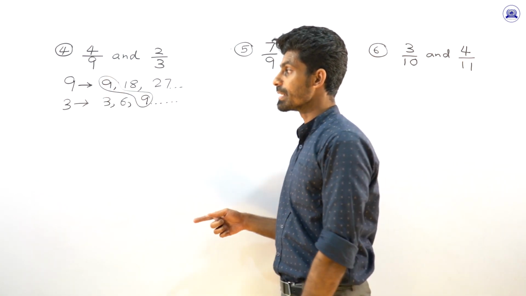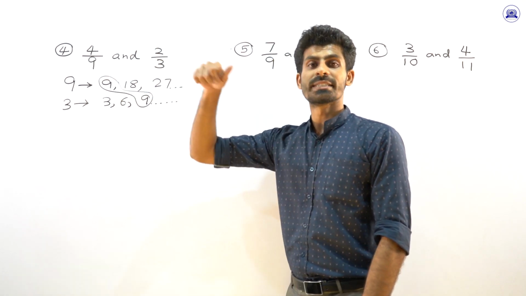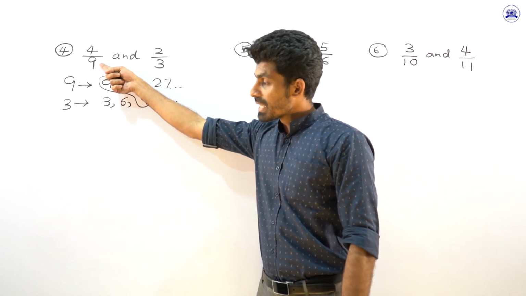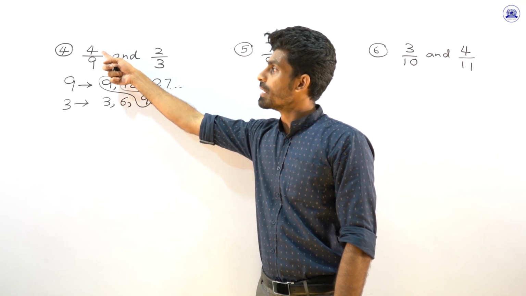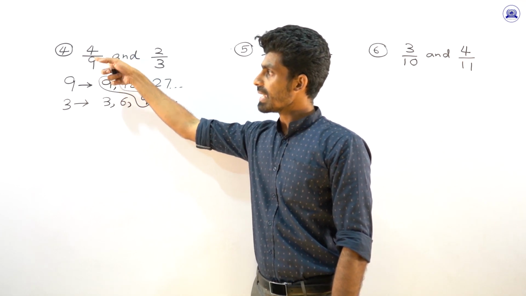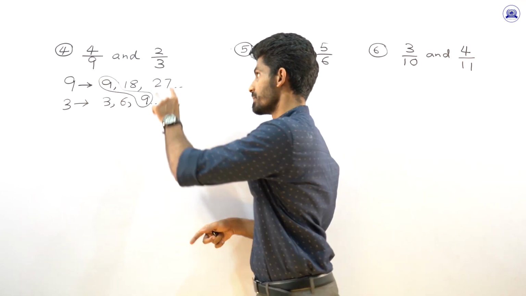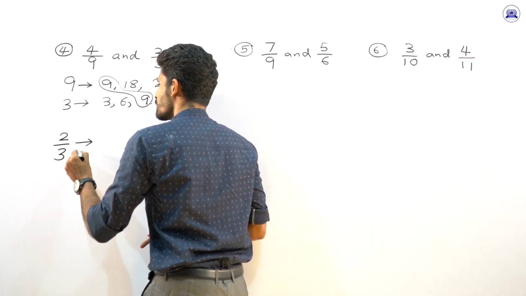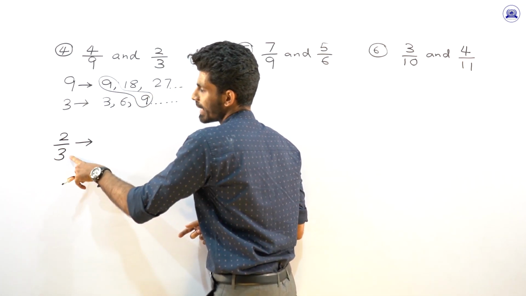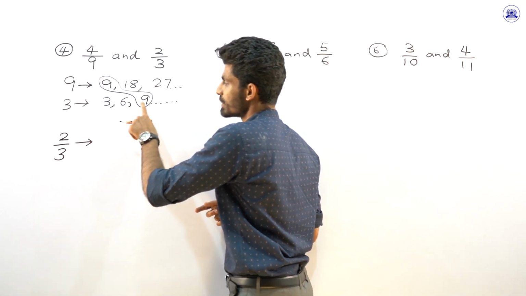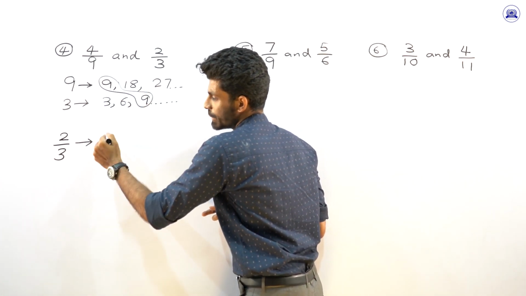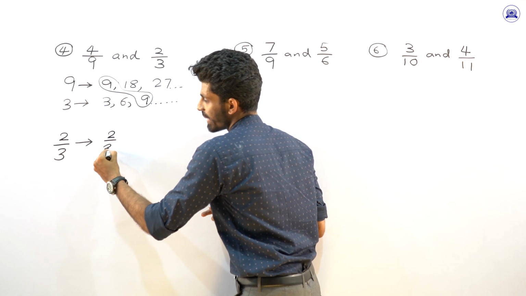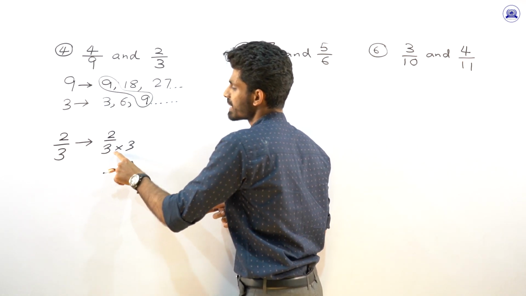Okay, then we need to convert the denominators into 9. Do we need to change this one? No, no need to change this one. That is already 9. So just take 2 over 3. 3 you need to convert into 9, so you need to multiply by 3. Why are we multiplying by 3?